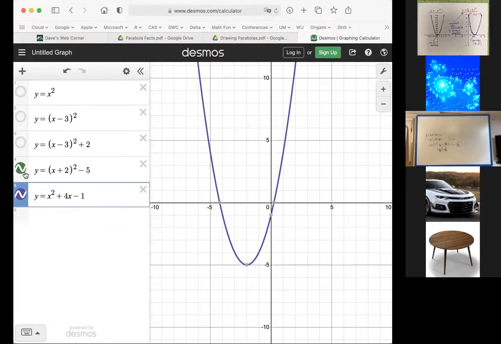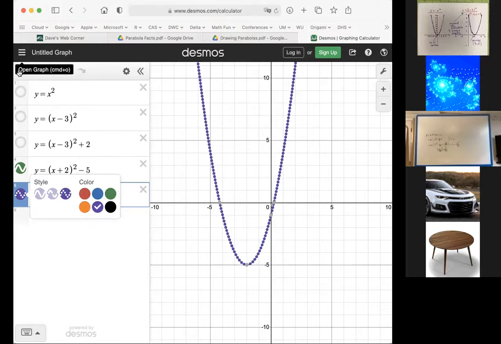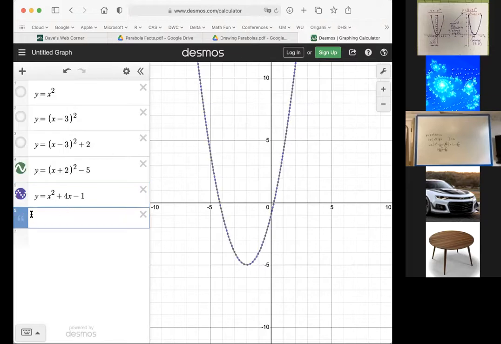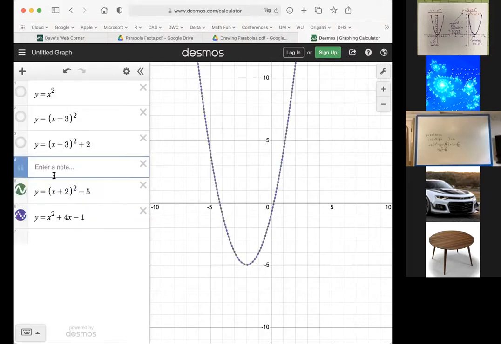Now you see a green parabola and purple parabola, and they're right on top of each other. They are the same parabola. But let me emphasize this with a note. This form is called the vertex form because it displays the vertex -2, -5.